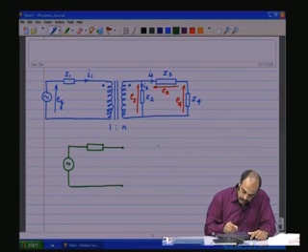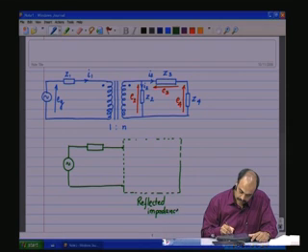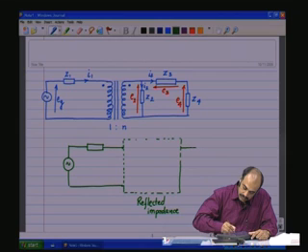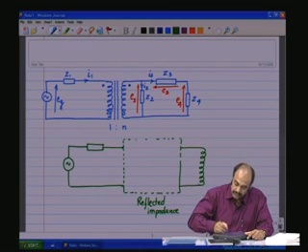And the secondary side impedances can now be put in this, let us say, black box, and that would be the reflected impedances, and then we have a transformer that is perfectly ideal.